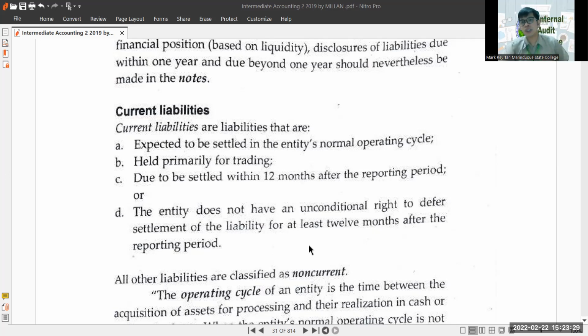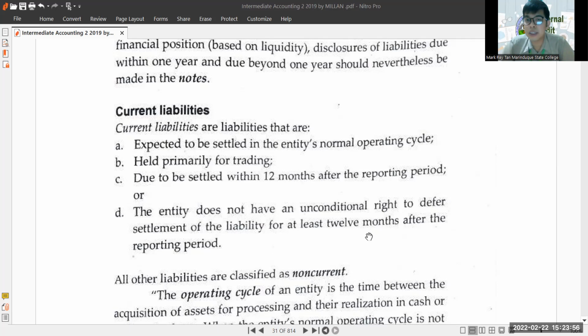So parang masyado kasi siyang mahaba, kaya parang nakakalula siya intindihin. Pero ang ibig sabihin lang niyan, class, isipin mo, cut muna natin dito. Yung entity is wala siyang right na i-delay yung pagbabayad ng liability for at least 12 months after the reporting period.